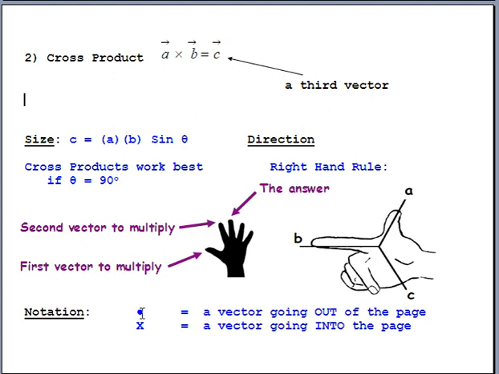If you draw just a dot like this, that'll be the sharp end of an arrow that's coming out of your paper at you. So any little dots drawn on the page in Physics 12 are a vector coming at you from your paper. If you want to draw a vector going into the paper, you draw an X. It's the tail feathers of the arrow diving down into the paper. Okay, so that'll be a vector going into the page.